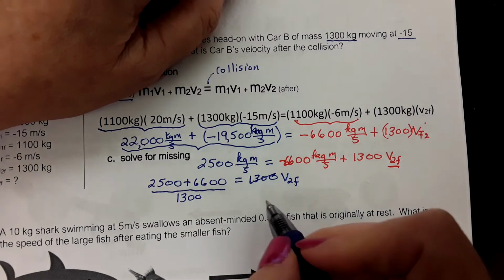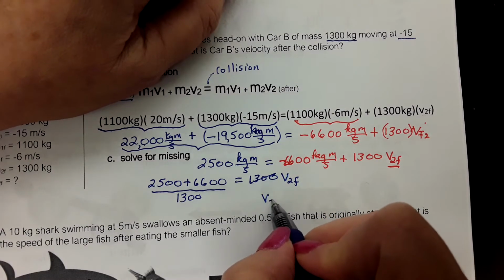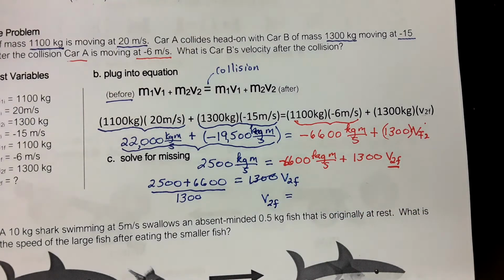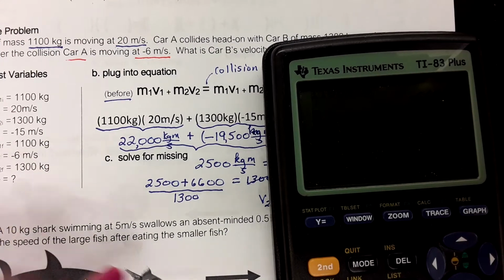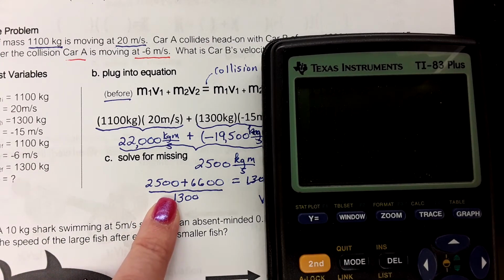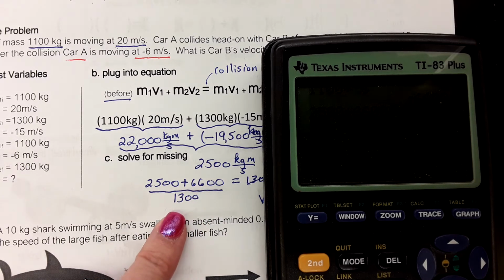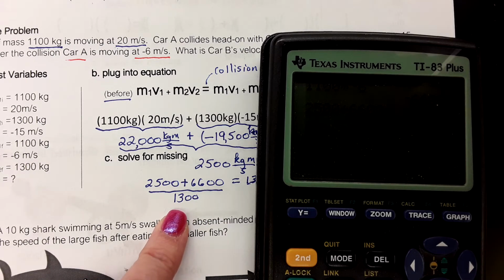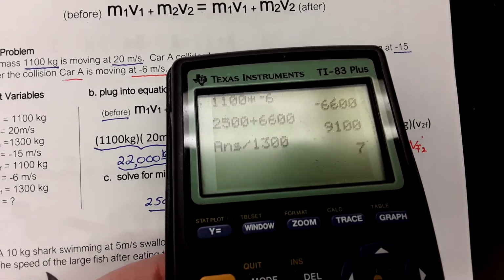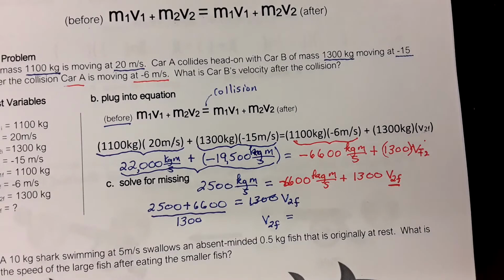So now all we have to do is stick it in our calculator and see what that is. So it says 2,500 plus 6,600, enter, okay? And now I want to divide by the 1,300, enter, and our answer is 7.